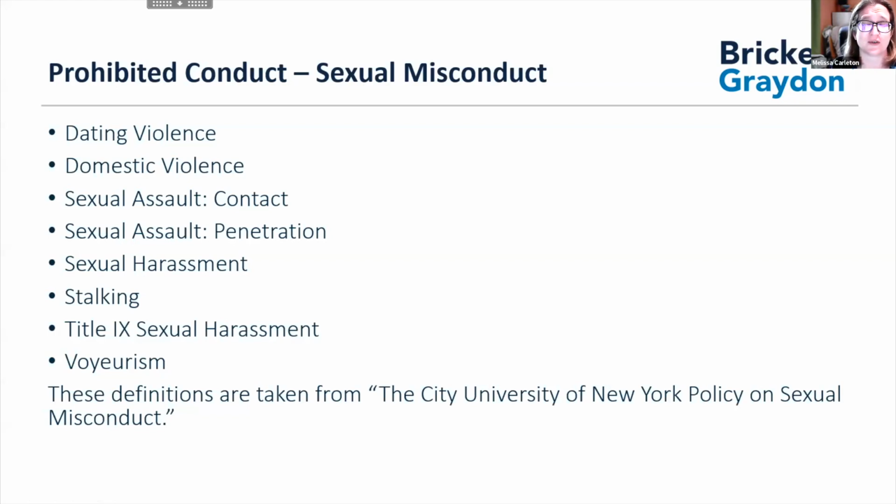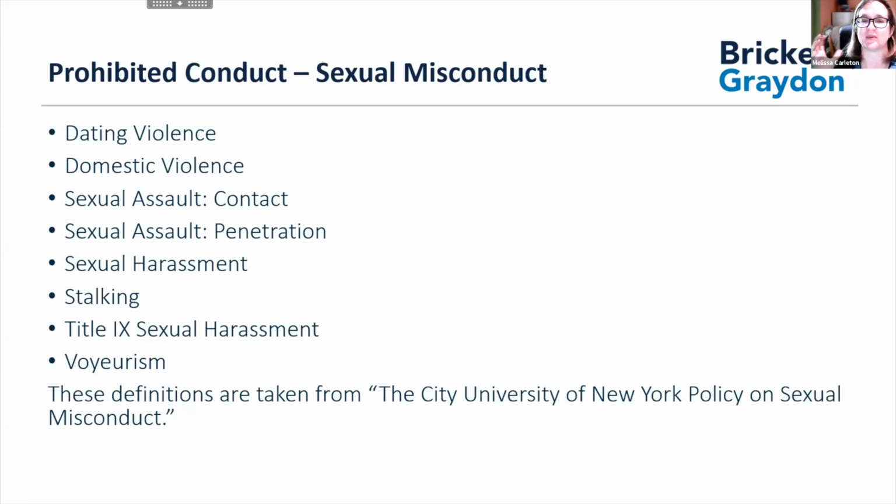All right, so what is prohibited misconduct? How do we know what falls under this process? So these are the titles of the things that are prohibited in your policy. Dating violence and domestic violence, often together referred to as intimate partner violence. We also have sexual assault contact and sexual assault penetration, sexual harassment, stalking, Title IX sexual harassment, which means that some of these things that I've just mentioned happened, but also they happened in the context of an educational program or activity, and also in the United States.